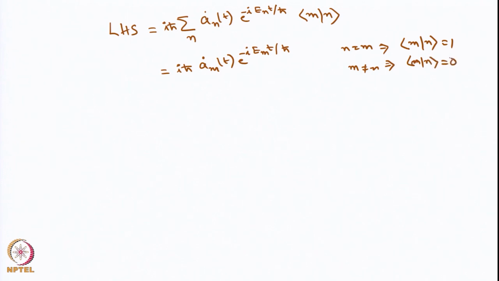That means only one term will survive, and all the rest of the terms will go to 0.